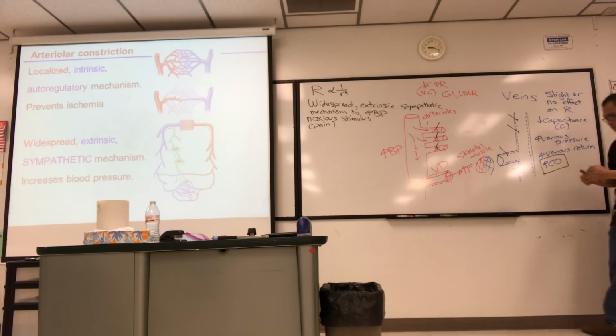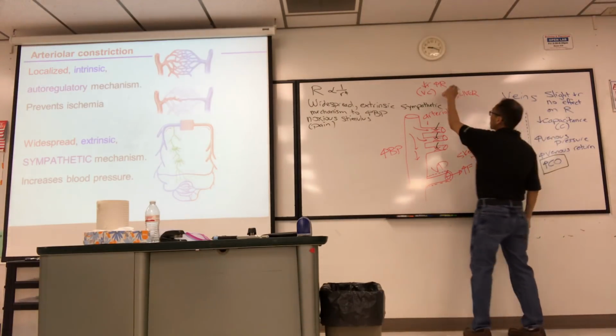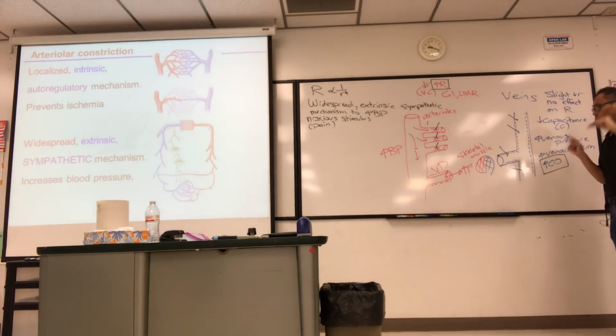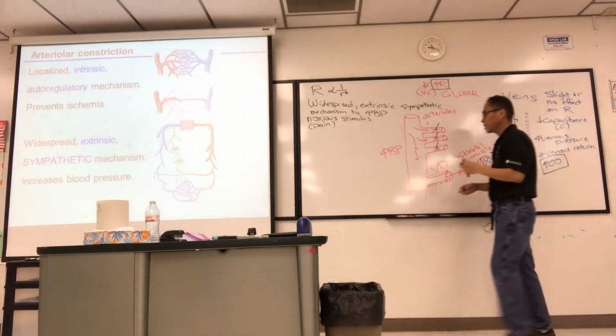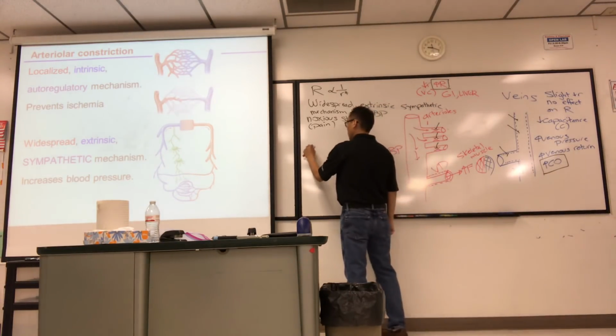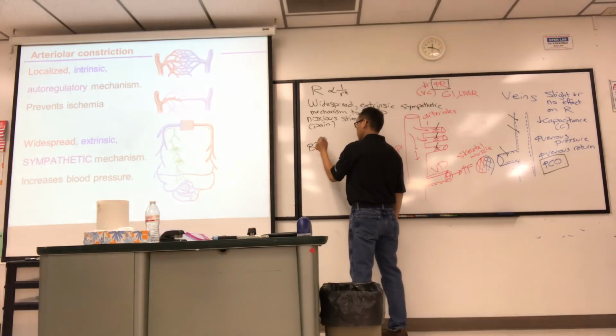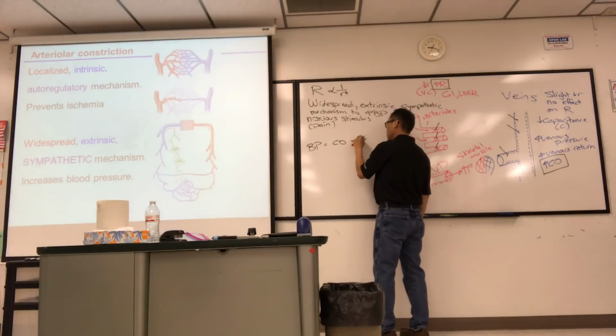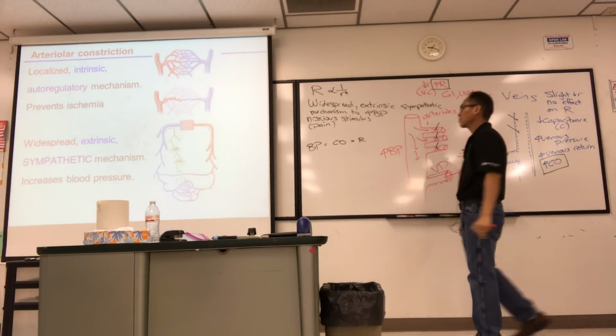I'll box it up here, my notes are all over the place. The things I boxed are the ultimate goals of what you need to understand as a student, okay? Because we're going to look at an equation that says basically blood pressure is a product of cardiac output and the peripheral resistance, okay?